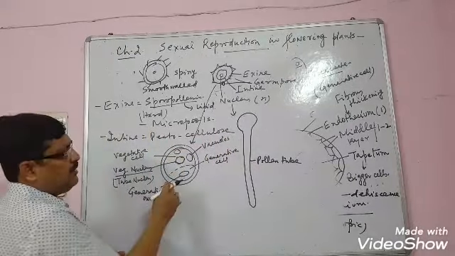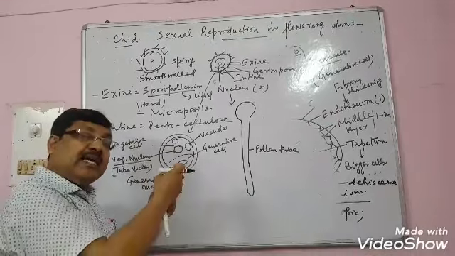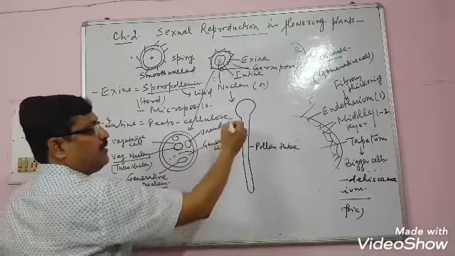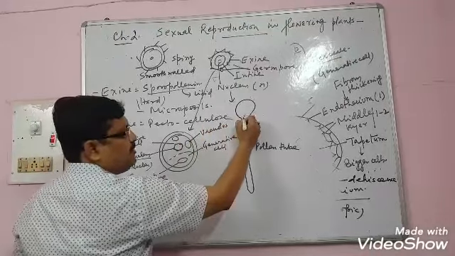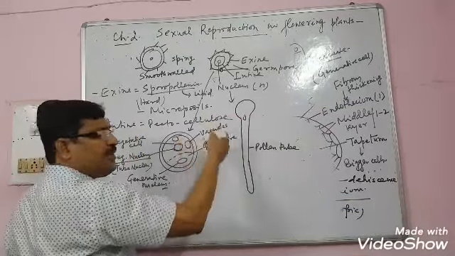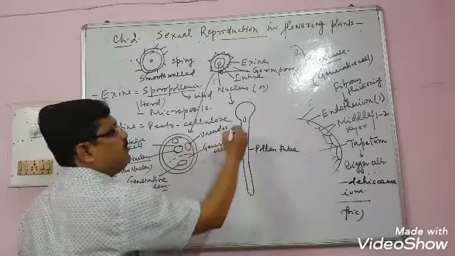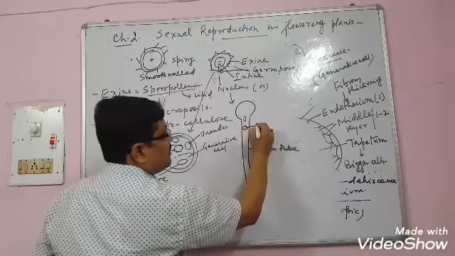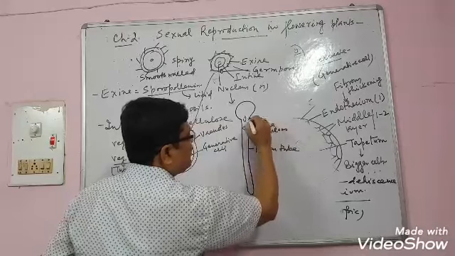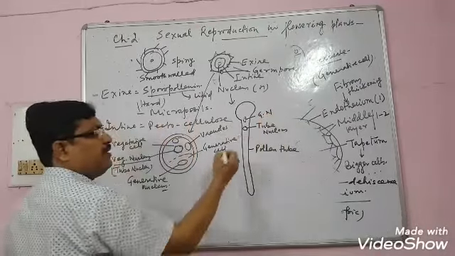Now, as soon as exine will rupture and intine comes out through the germ pore, this generative nucleus will enter, as well as tube nucleus, but tube nucleus will be ahead of generative nucleus. This is the tube nucleus and this is the generative nucleus, GN.